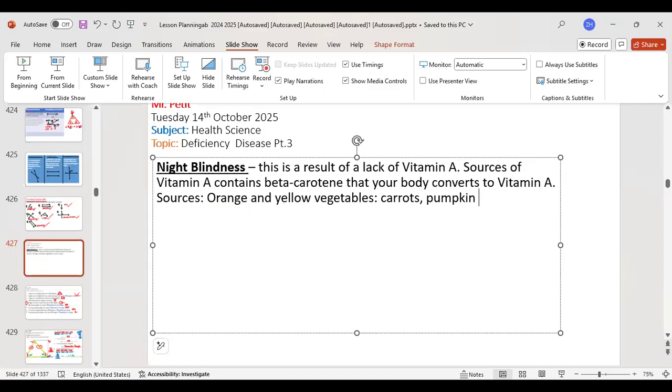You can look that up and let me know. Carrots, pumpkins, and sweet potato are your main source of vitamin A. If I can remember beta carotene, I could at least remember one of the vegetables because carrot is already in it. That's smart.